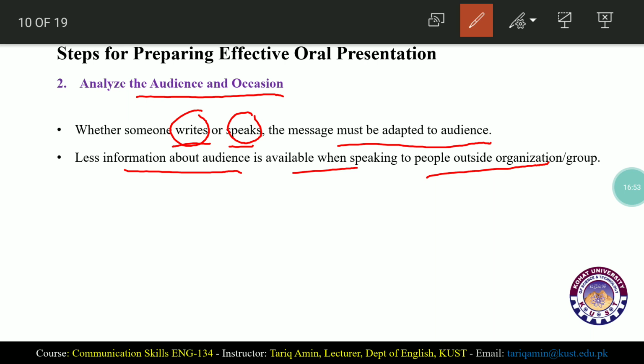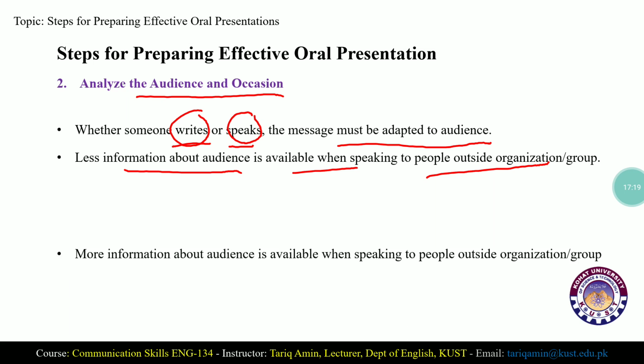When we talk to people inside our organization, we have more information, whereas when we talk to people outside our organization, for example from another university, let's say Namal Islamabad or International Islamic University Islamabad, we have very less information about the audience.